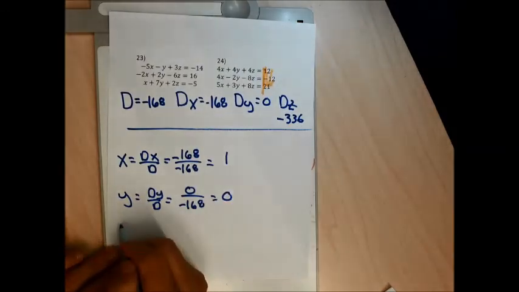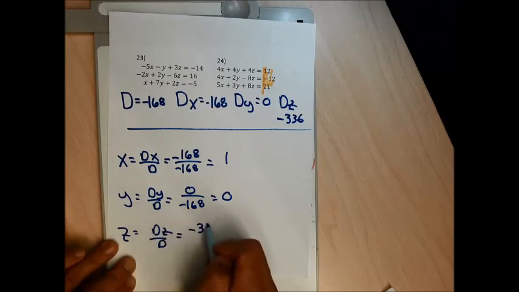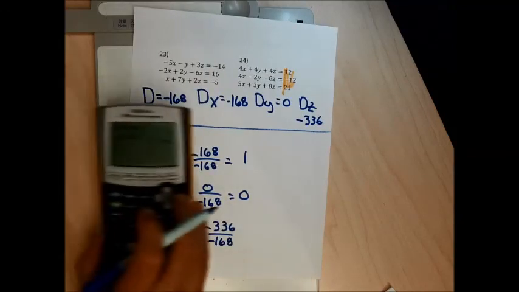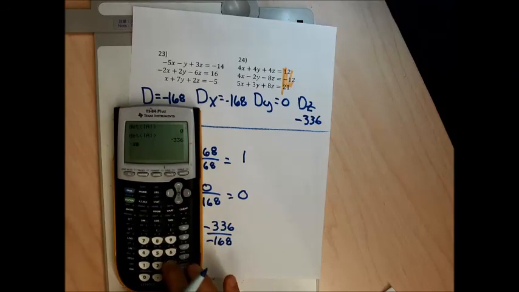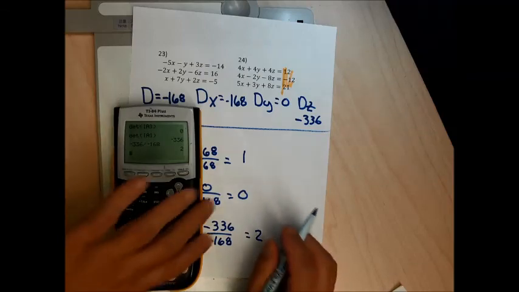And z is the D sub z number divided by D, which is negative 336 divided by negative 168. Do that on my calculator. So negative 336 divided by negative 168, and I get 2. So my answer is going to be 1, 0, 2.